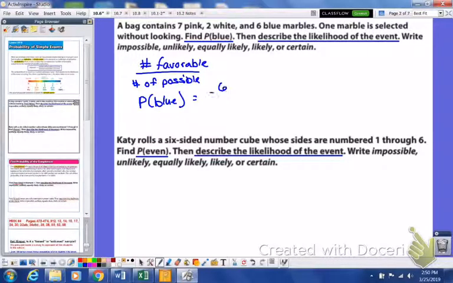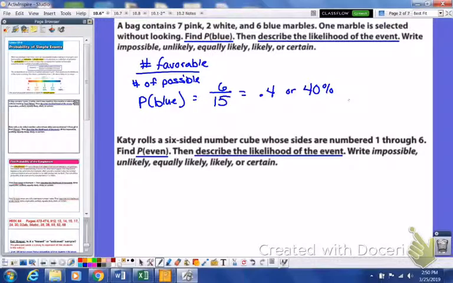That is 6. Then how many total? 7 plus 2 plus 6 gives us 15 possibilities. So 6 divided by 15 is 0.4 or 40%. So 0.4 or 40% would be your first answer. Probability of blue is 40%.